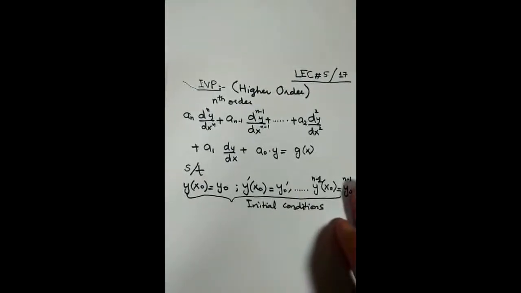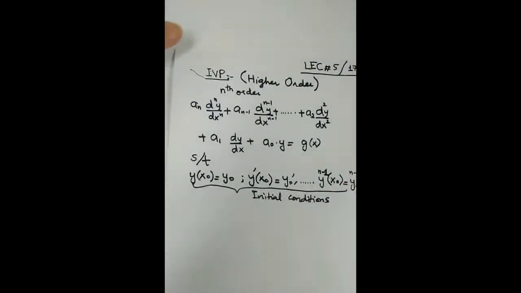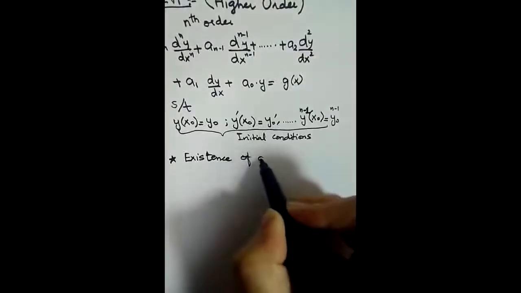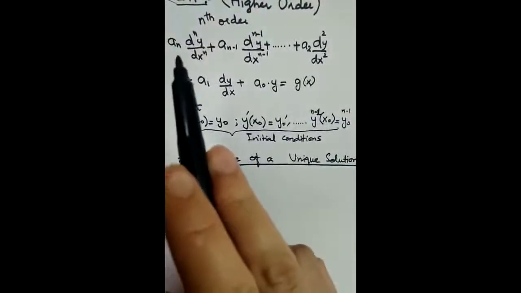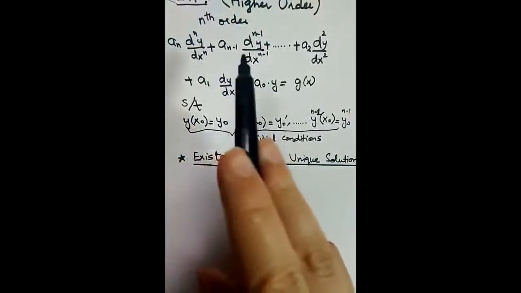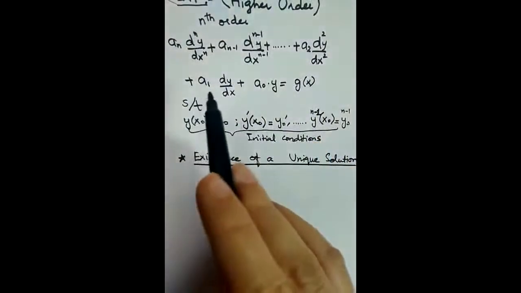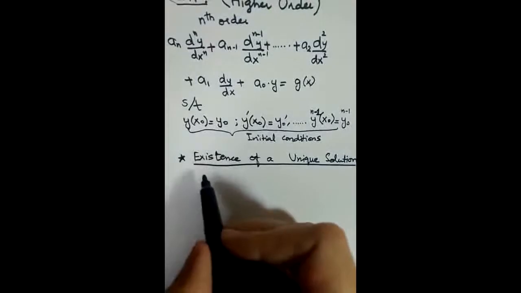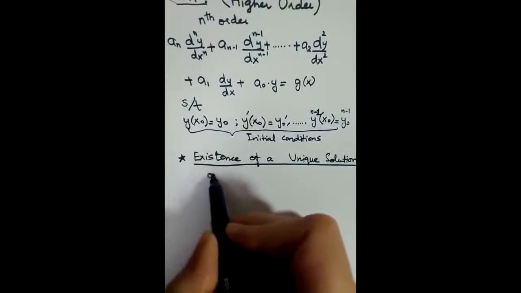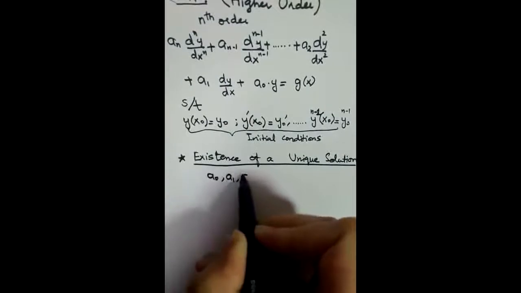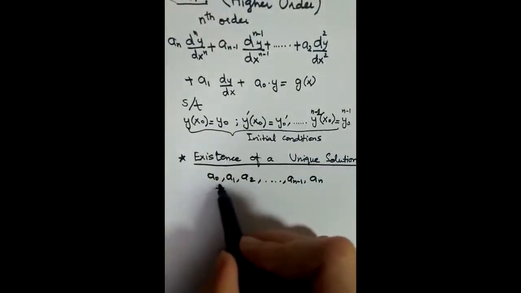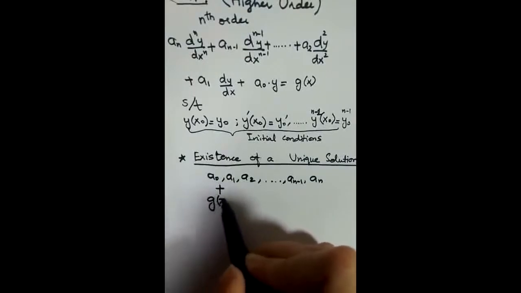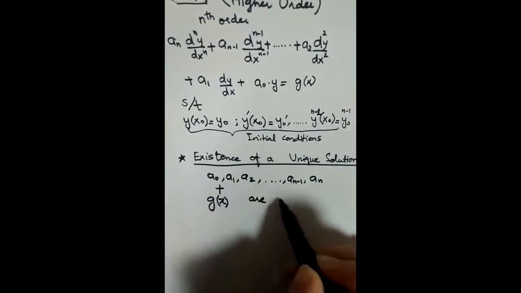So, existence of a unique solution. The first condition is to check that all these coefficient functions a naught, a1, a2, and so on up to an minus 1 and an, and g of x are continuous.